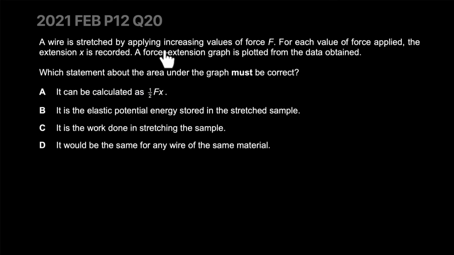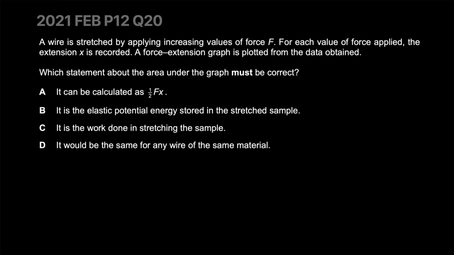A wire is stretched by applying increasing values of force F. For each value of force applied, the extension X is recorded. A force extension graph is plotted. Which statement about the area under the graph must be correct? This is true if the wire was extended elastically, right?